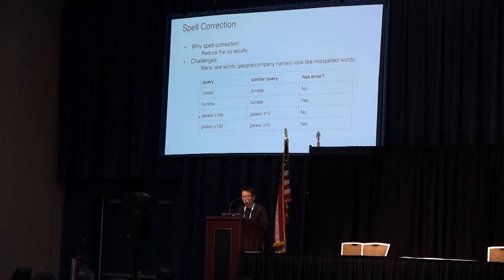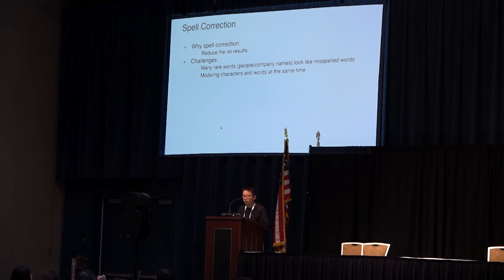The same applies to this query. S10E has no errors, and S10D has an error. This is very domain knowledge specific. The reason is Samsung has such a model version, but does not have a model version S10D.